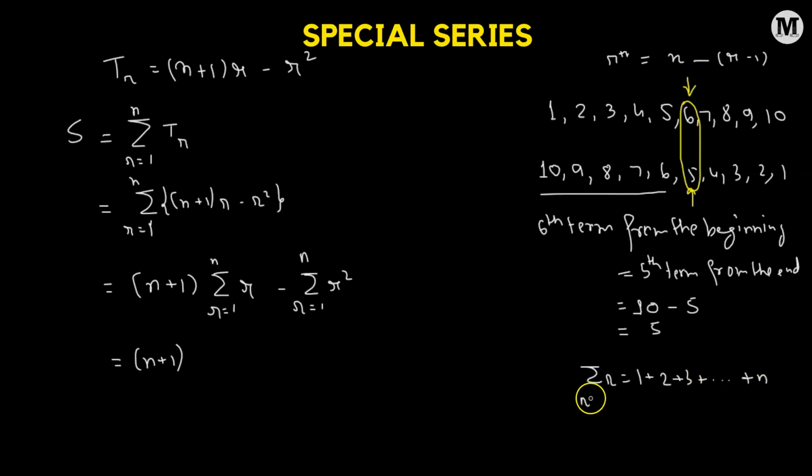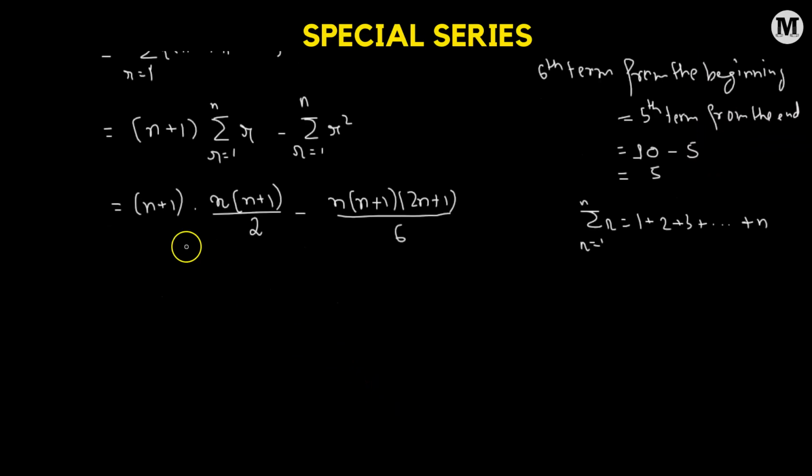There's a standard formula for that, given by n multiplied to n plus 1 divided by 2, minus, now summation of r squared, that is the sum of the squares of the first n natural numbers. We also have a standard formula for it, given by n times n plus 1 multiplied to 2n plus 1 whole divided by 6.